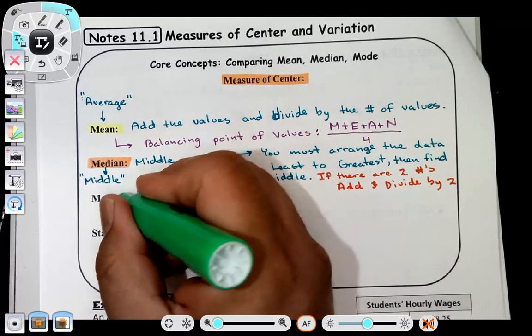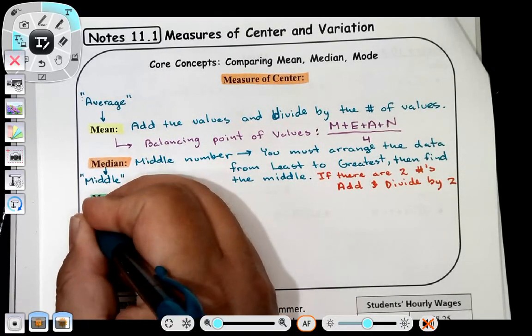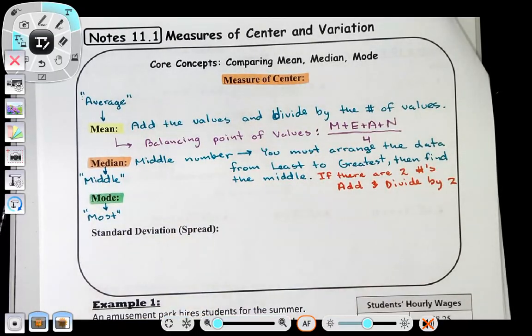All right, and then there's the mode. Well, when we talk about the mode, there's only one word that comes to mind. To me, the word that comes to mind is the most. And that's why it's also important that if you put your list in order, you're going to see which number they used the most.